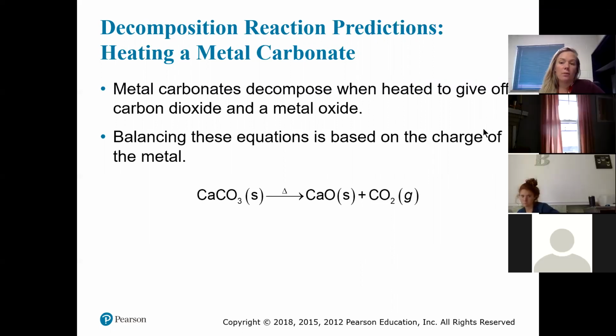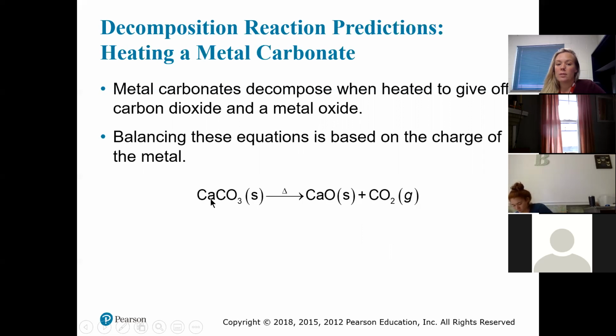So we can see it in the equation here, we've got our arrow and then the delta symbol. So anytime you have a metal mixed with carbonate, it's going to break up into calcium, well, in this case, it'll be calcium oxide and CO2. So we expect to see carbon dioxide plus some sort of metal oxide.